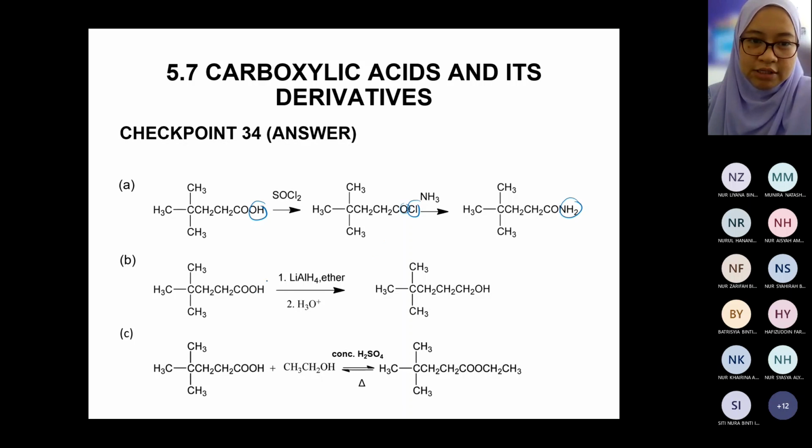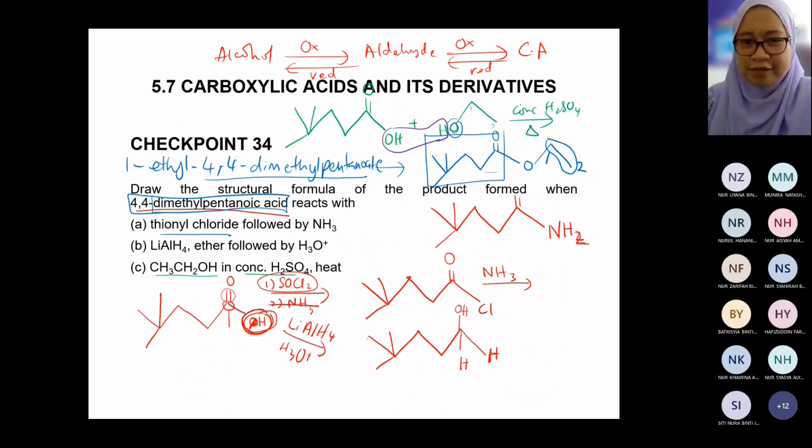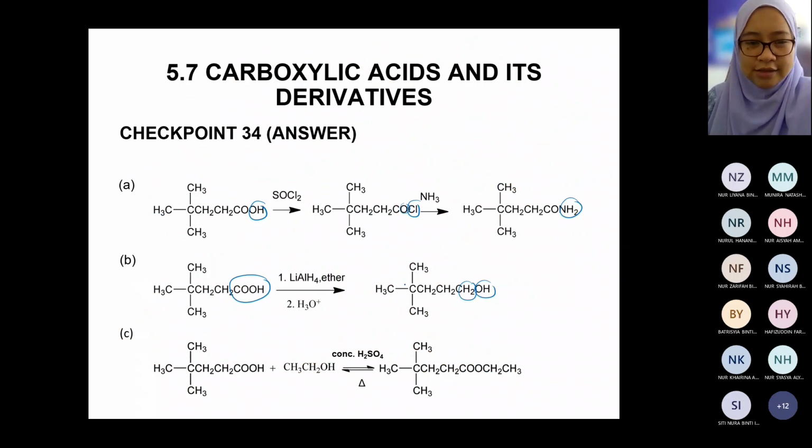Then B, see? COOH becomes alcohol. Added at the OH, at the double bond becomes OH. And then 2 hydrogens added there. There are 2 hydrogens, right? Where was it? This one. There are 2 hydrogens. Can you see? Okay. Then C, concentrated H2SO4. This is the ester formed.